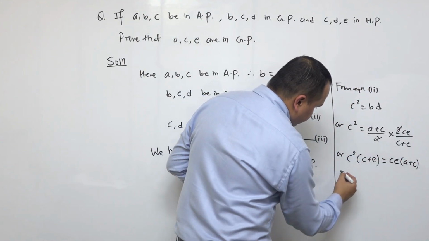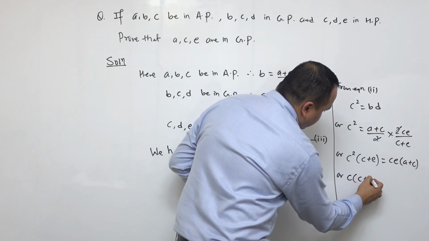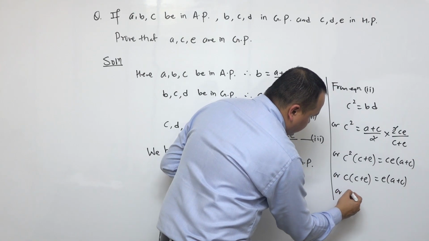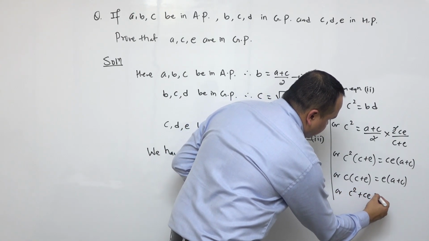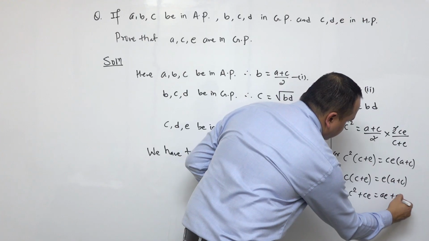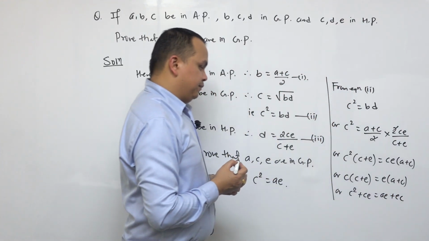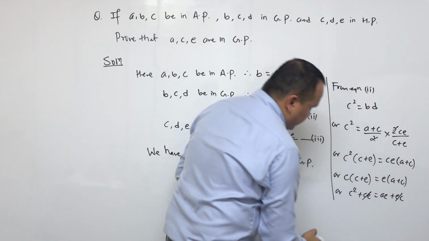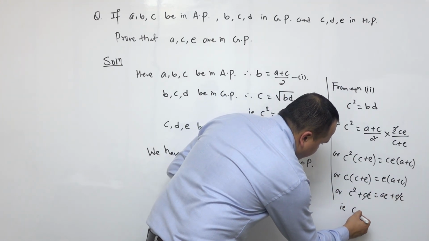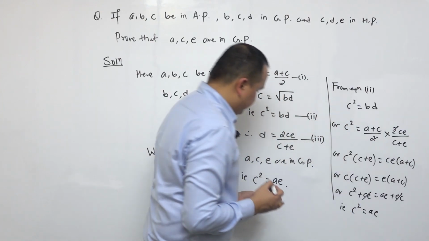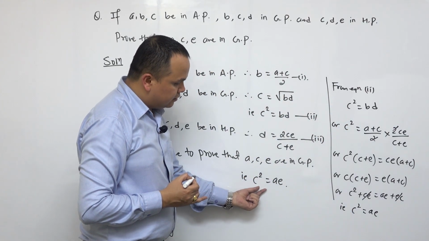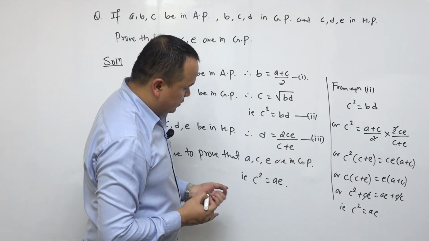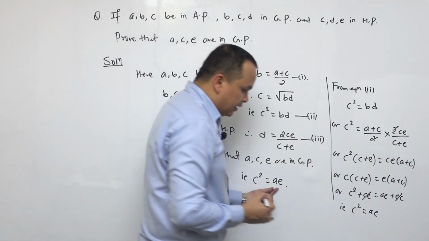Here C again cancels, then C times (C plus E) is equal to E times (A plus C), or C squared plus CE is equal to AE plus CE. The CE terms on both sides are the same and cancel, so C squared is equal to AE. So A, C, E are in GP. That is, C squared is equal to AE, hence proved.